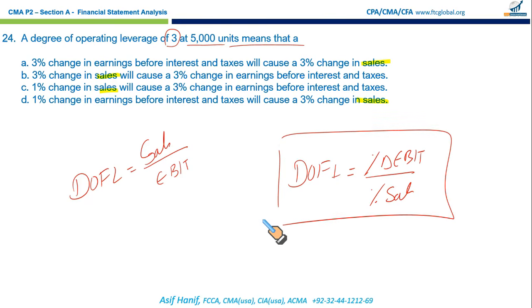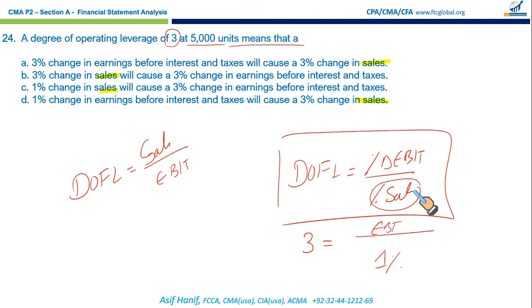It says if the degree of financial leverage is 3, what does it mean? If sales is the driver, a 1% change in sales will cause a 3% change in earning before interest and tax.